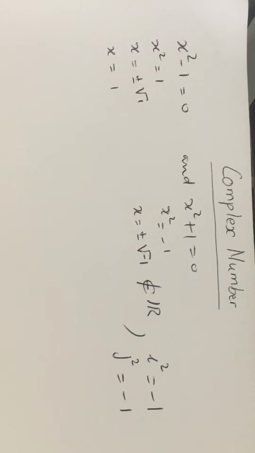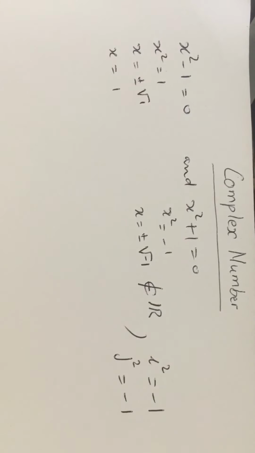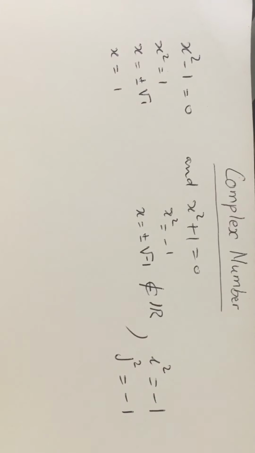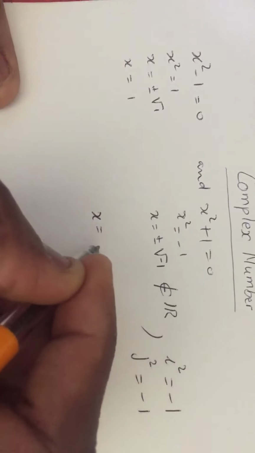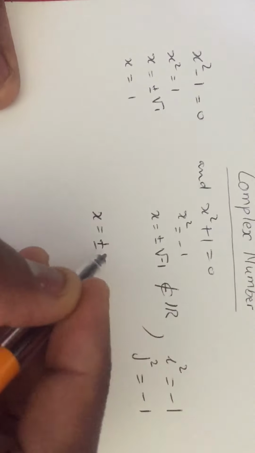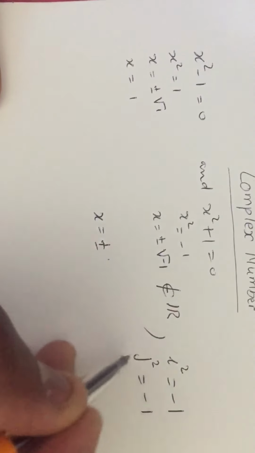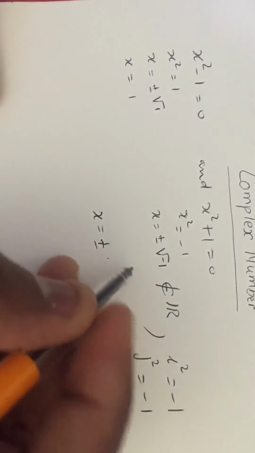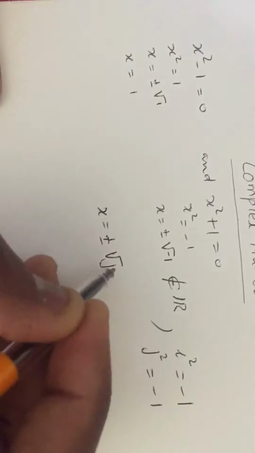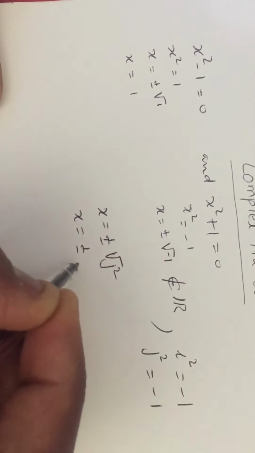And then they call them imaginary or complex numbers. So now x will be equal to plus or minus, and you introduce your j, you know that minus 1 equals j squared, right? So it's going to be x equal to plus or minus j.